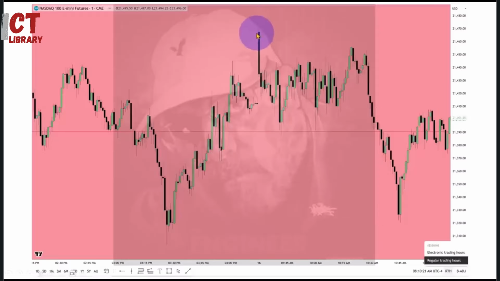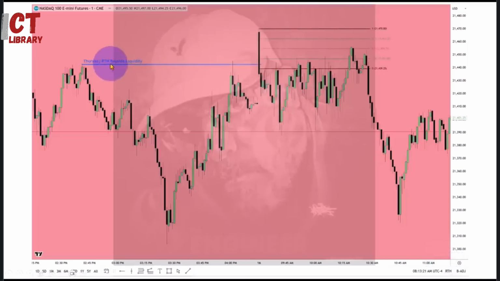So simply stated, we have a very high premium opening here. But if you're looking at regular trading hours, you're going to see that they opened above regular trading hours relative equal highs. So in here, we have Thursday's regular trading hours buy side liquidity. And now looking at this right there, this is your first presented fair value gap, because it's done a raid on previous regular trading hours relative equal highs.